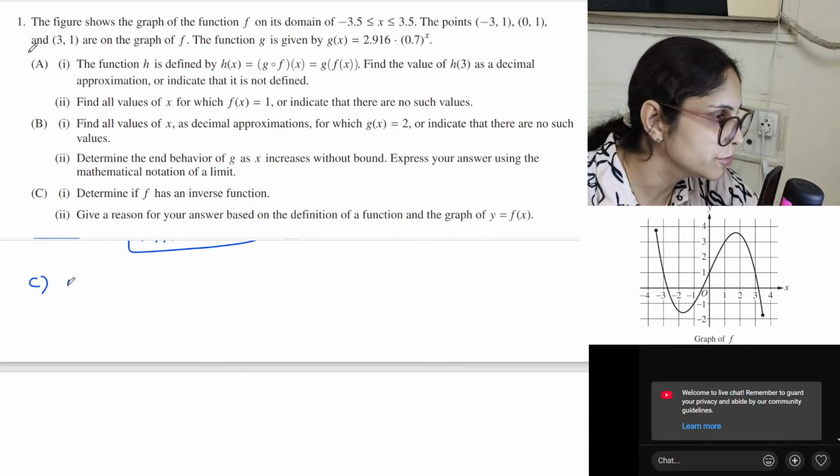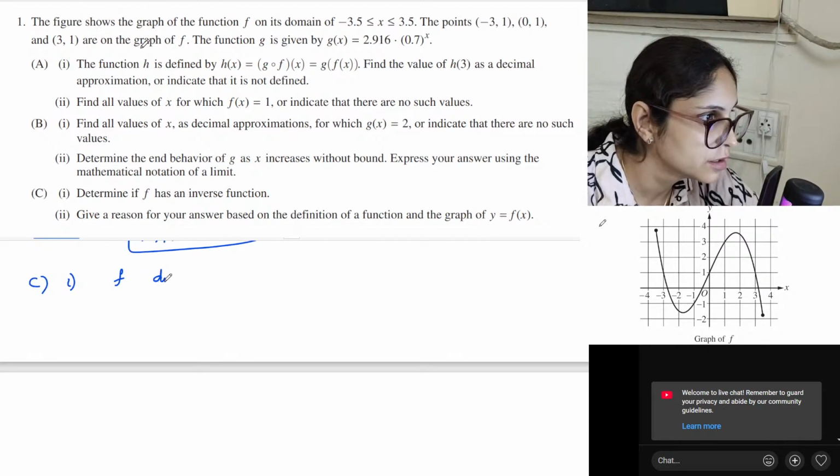So for C, first part, I will say that f does not have an inverse function.